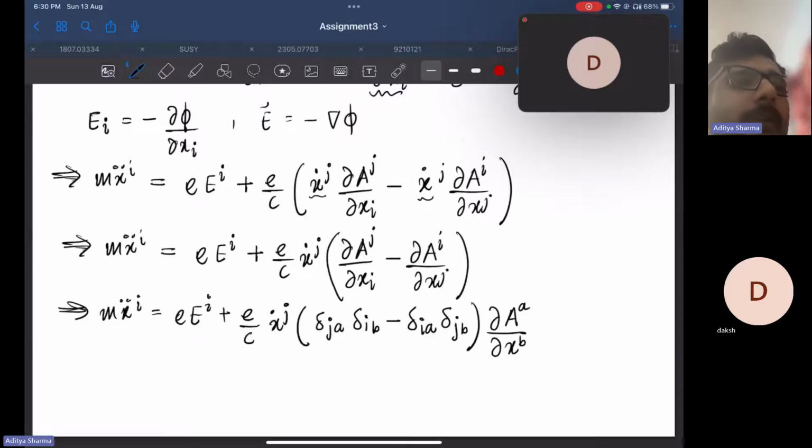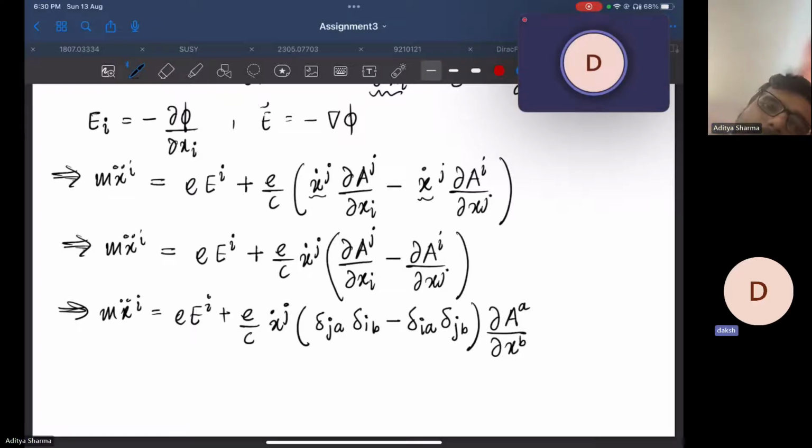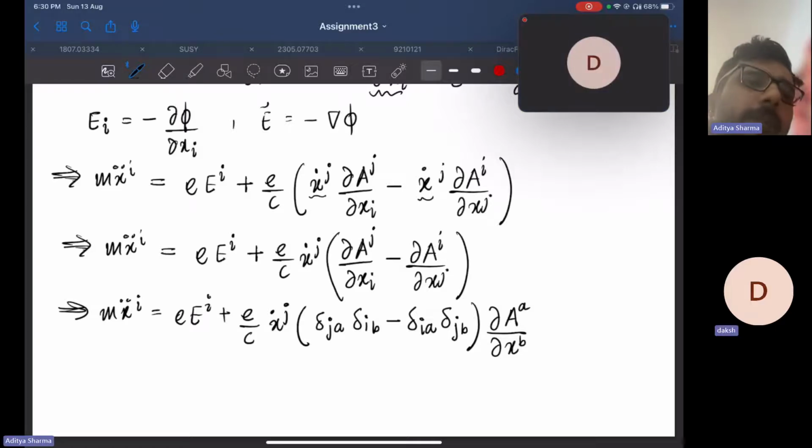Do you understand this step, Daksh? Like you're picking x and a of each component with the Kronecker delta. Yeah, so if I put this here, A, you will get the same term, this term only. Can you see this?